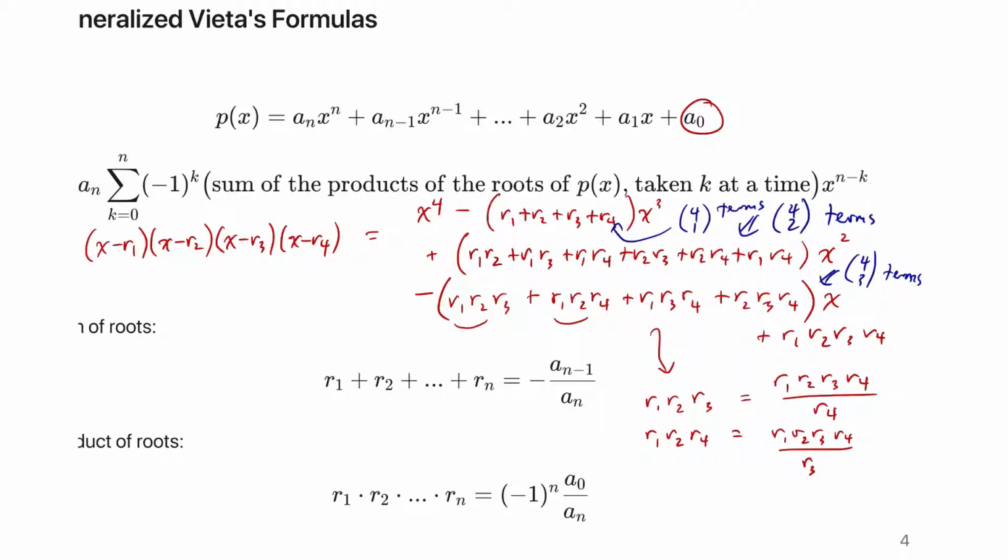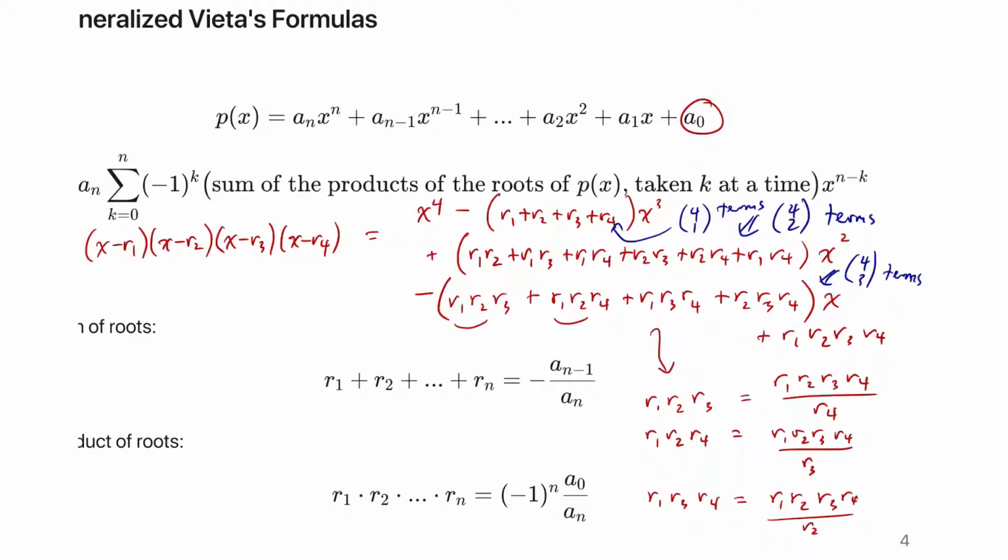I'm multiplying them all, but dividing out one of them. Is that clear? I could do the same for R1, R3, R4. That's what I get when I multiply all 4 and divide out R2. And I could do the same with the last one as well. Anyone see where I'm going with this?